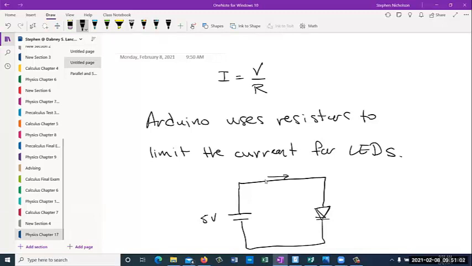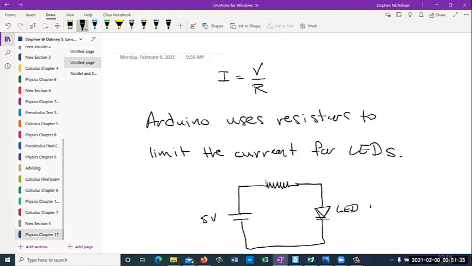It doesn't immediately burn the LED out, but it would make the life of the LED lower. The other problem is if you pull too much current from the Arduino, then that can destroy the Arduino. So there's two reasons for putting a resistor in there: one is to protect the Arduino, and one is to protect the LED.